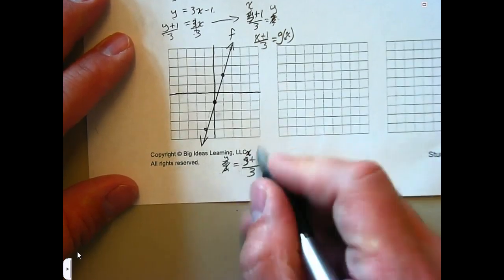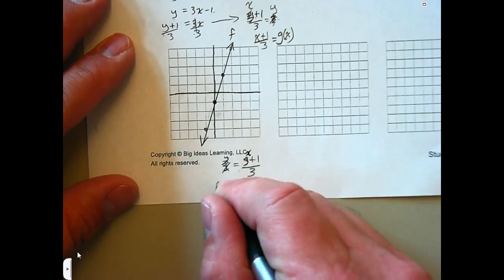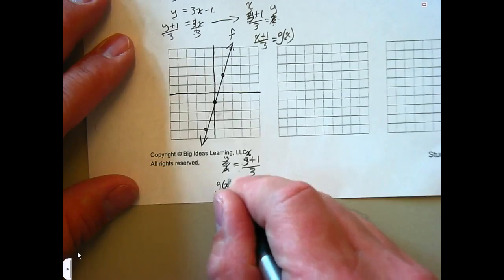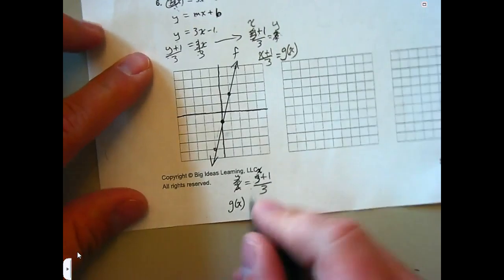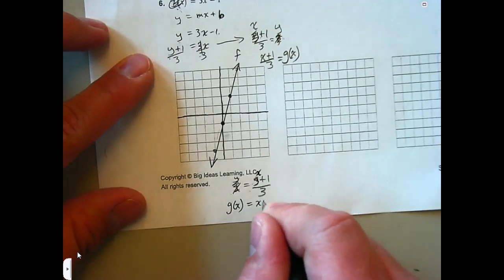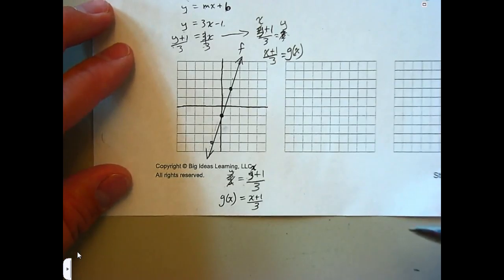And so since we're going to have it in function notation, we can't call it y, we'd have to call it like f of x, but we can't use f of x because that's already been used. We call it g of x. g of x is equal to x plus 1 over 3. And some of you would still have a hard time graphing that in that format.